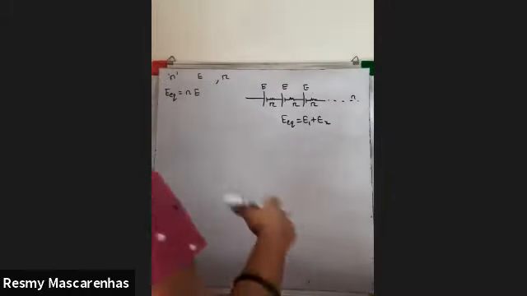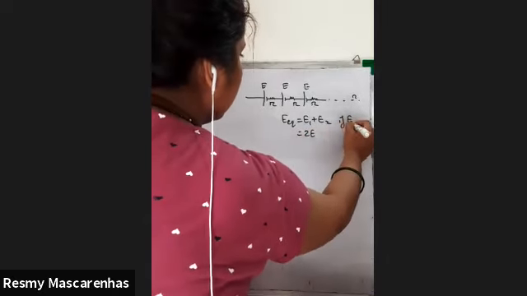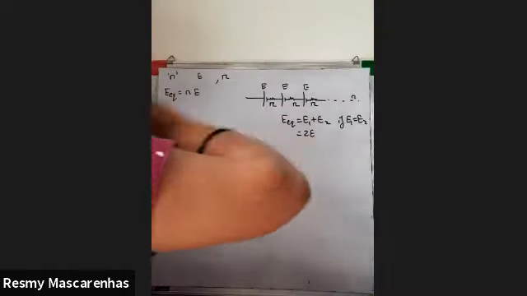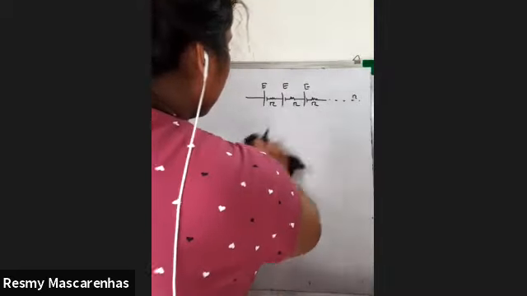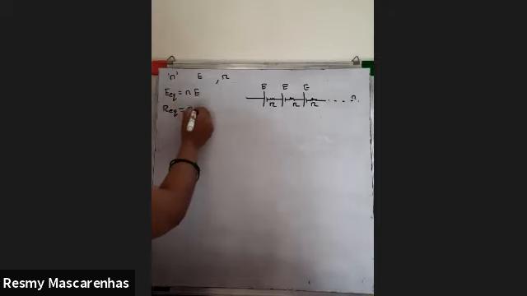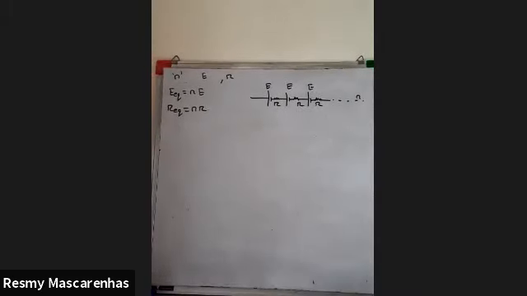Now if E1 and E2 were the same, you would have written 2 times E. So if n cells are connected, then we would have written n times E. And the equivalent internal resistance will be n times r. Why? Because we keep on adding r1, r2, r3 and so on. R equivalent will be equal to n times r.